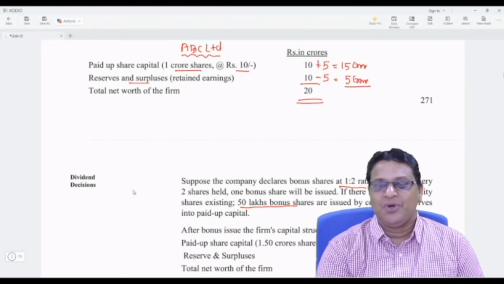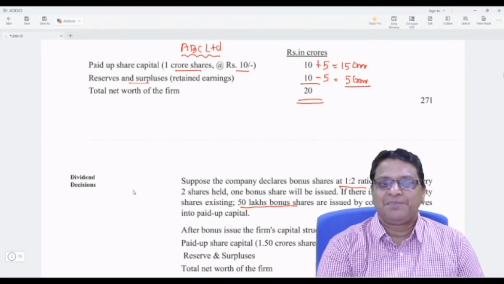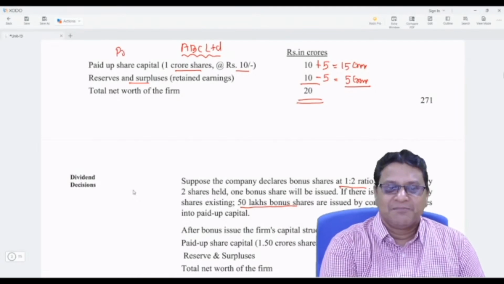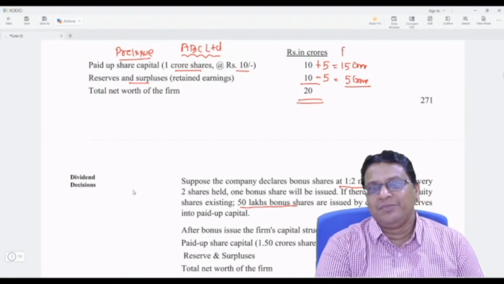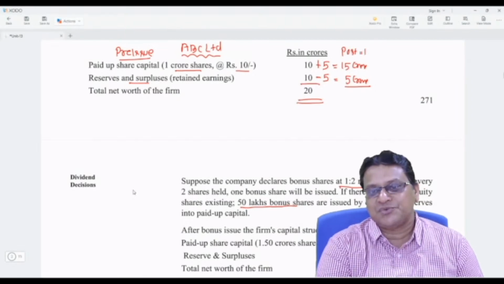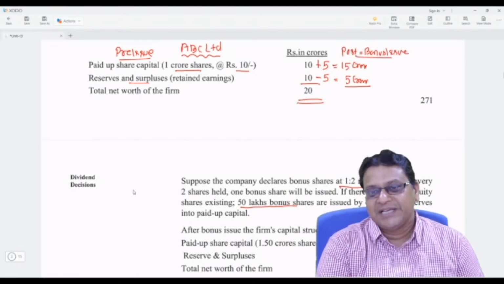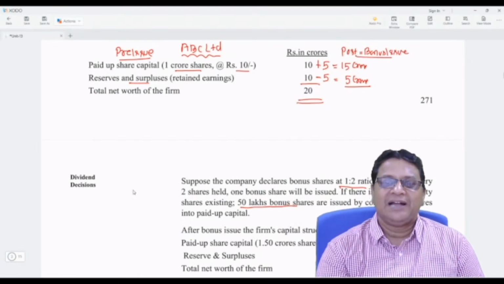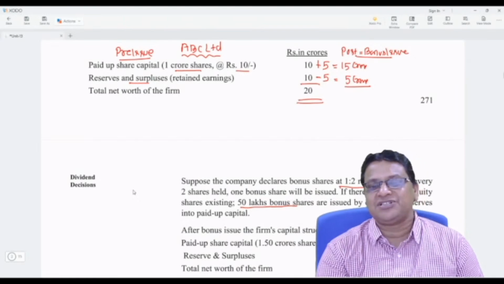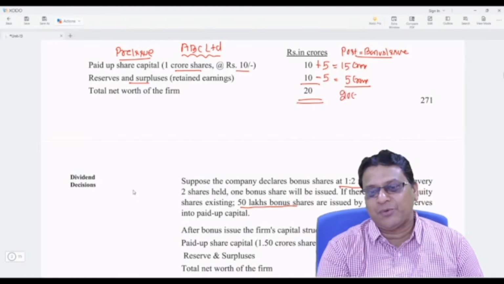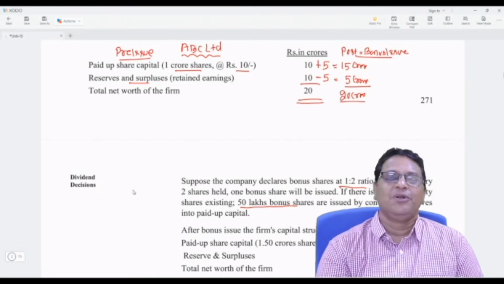What will be the post issue balance sheet? This is the pre issue balance sheet, and the post bonus issue balance sheet will be like this. Post bonus issue, there will be an increase in the paid up share capital and a decrease in reserve and surplus. The total will still be 20 crores, but the calculation will be like this.